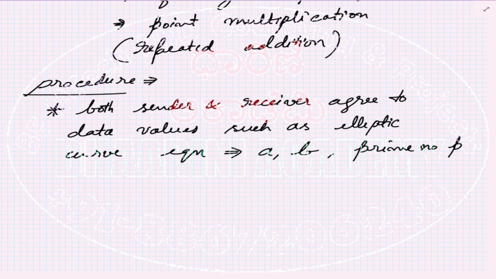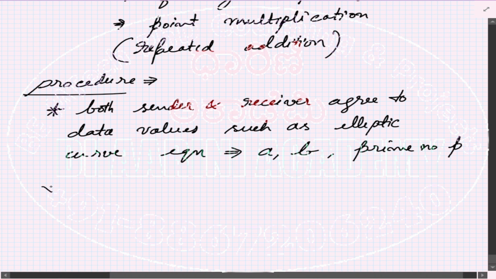Unless both know, they cannot generate their individual private and public keys. So they are developed and generated internally from these numbers. Now all the points that lie on this curve form an elliptic group. So using these agreed values, both sender and receiver generate what is called an elliptic group, which is nothing but knowing all the points that lie on this curve.